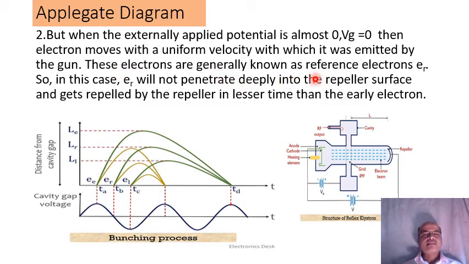These electrons are known as reference electrons, so ER will not penetrate deeply into the repeller space and gets repelled by the repeller in a lesser time than the early electron. Since the gap voltage is 0, they move with unchanged velocity and the repeller reflects those electrons, requiring lesser time than the early electron.